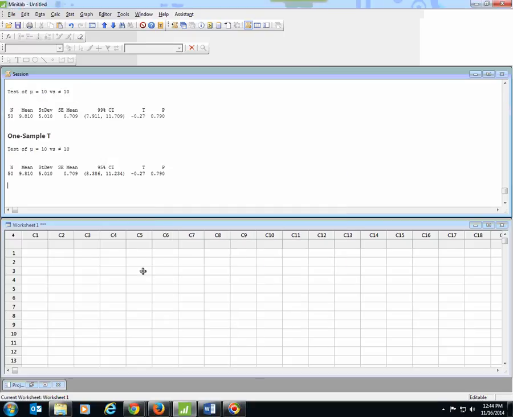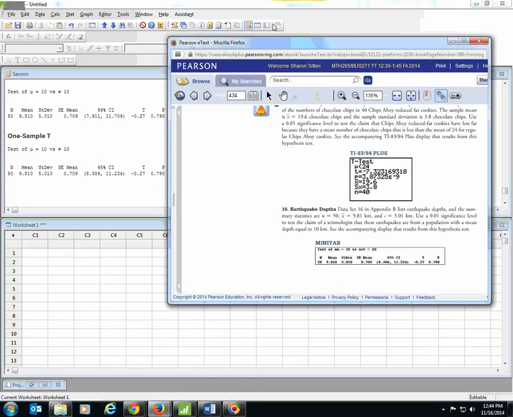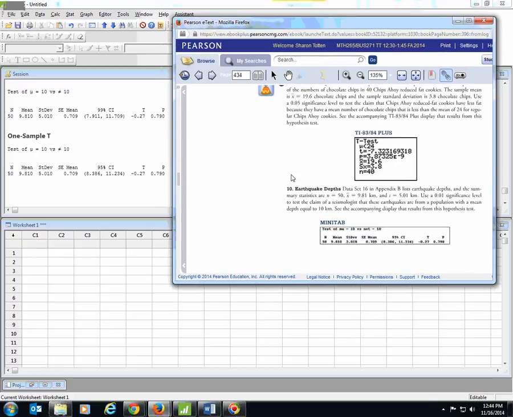Okay, now let's compare. Look, now this time they've got the confidence interval 8.386. That's exactly what we got. It goes from 8.386 to 11.234.